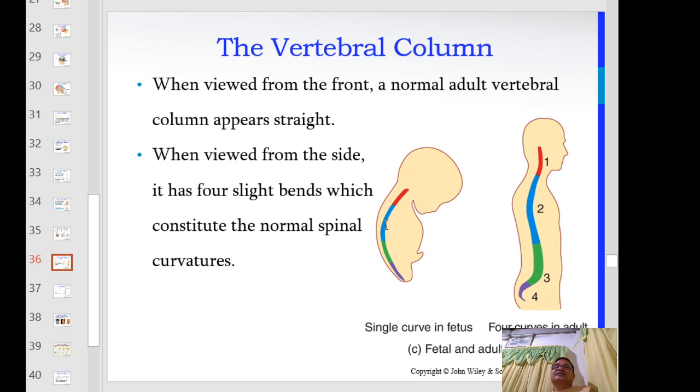Then we will start to sit. When we start sitting, the lumbar lordosis forms. Then later on, kyphosis appears at the sacrum area.